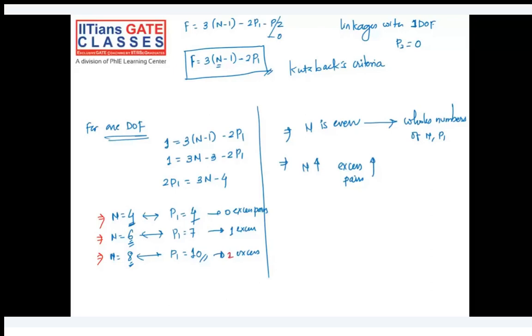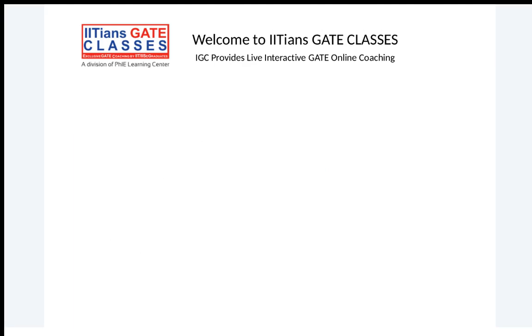Okay, so one more extra pair, you can say, so as to maintain the single degree of freedom. So that is the idea. Here we have zero excess pair because four links and four pairs are there. But as we go on increasing the number of links, our pairs are also increasing. Okay, so that is the whole intention behind it.